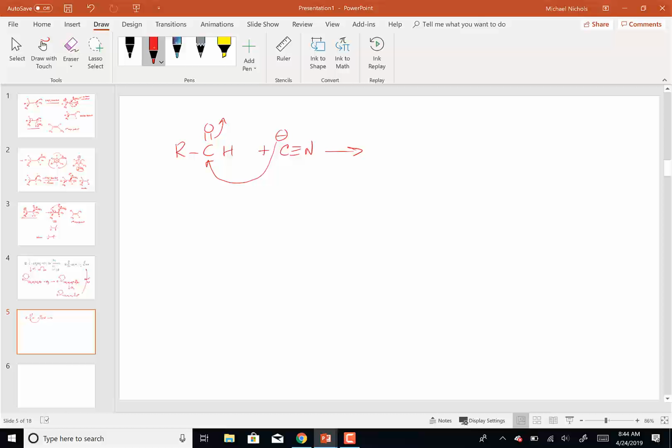The nucleophile is going to attack the carbonyl carbon. Okay, what's going to happen next? Well, the oxygen, first of all, is going to try and do what? It's going to try and reform the carbonyl, can it?